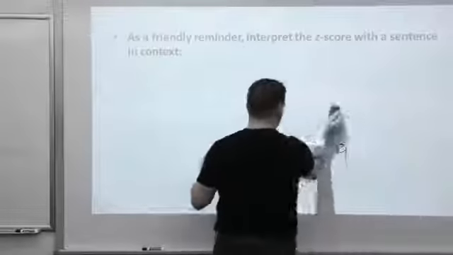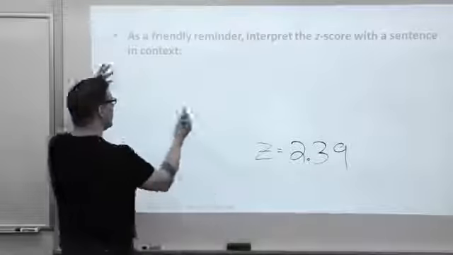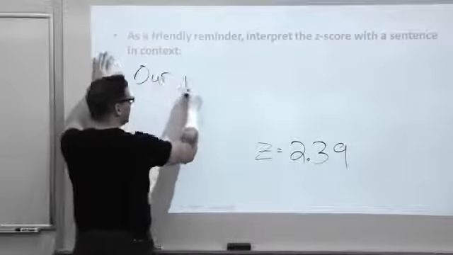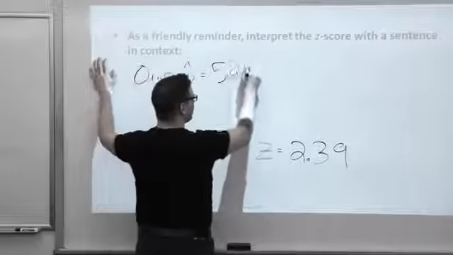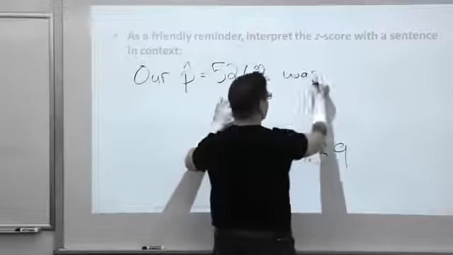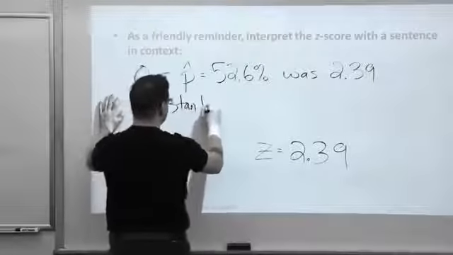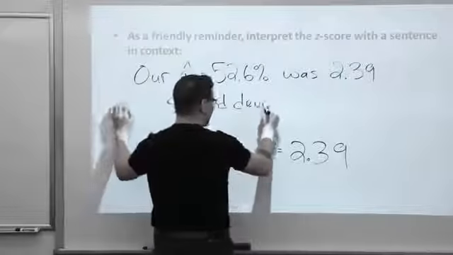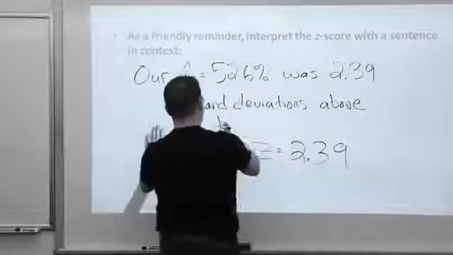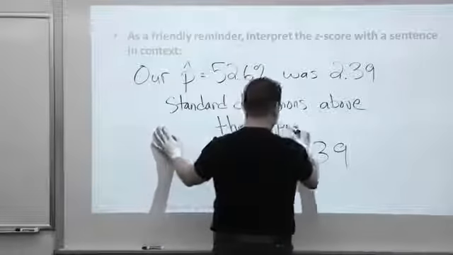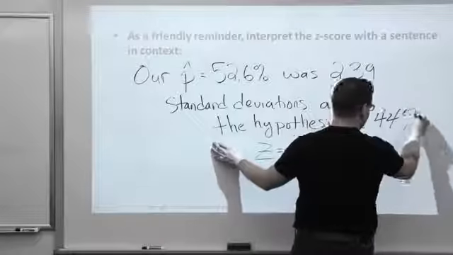Down at the bottom, as a friendly reminder, interpret the z-score with a sentence. All right, here it is. Z was 2.39, and we're saying our p-hat of 52.6% was 2.39 standard deviations above the hypothesized 44%.